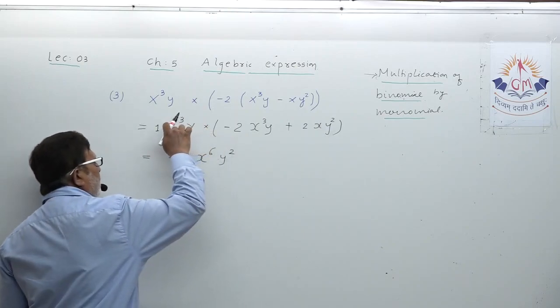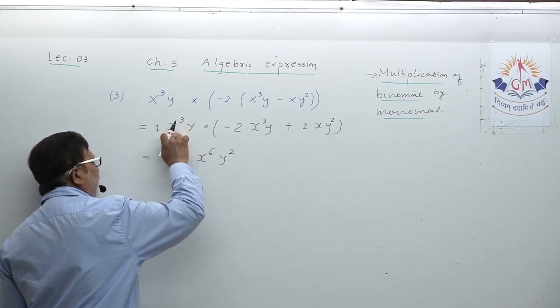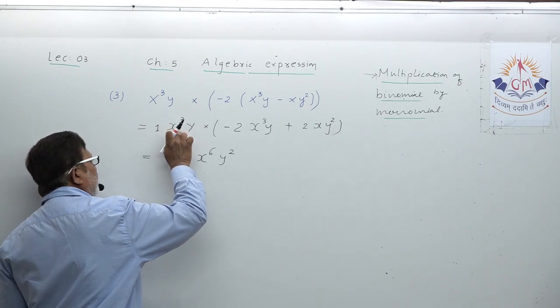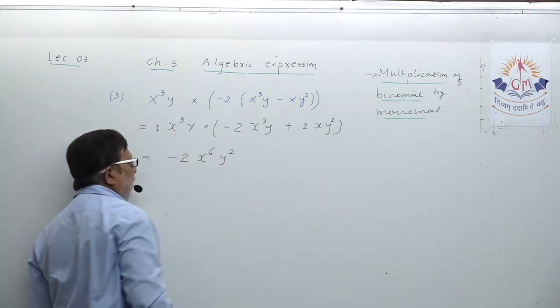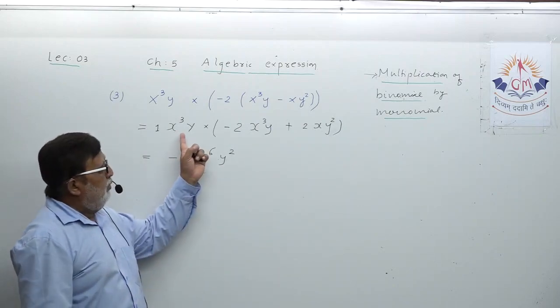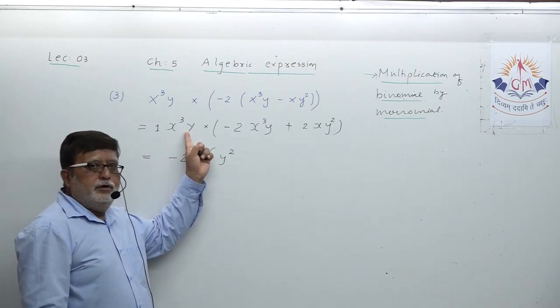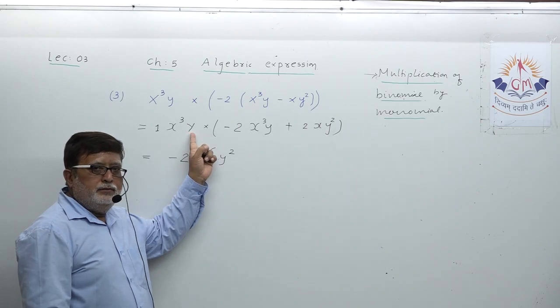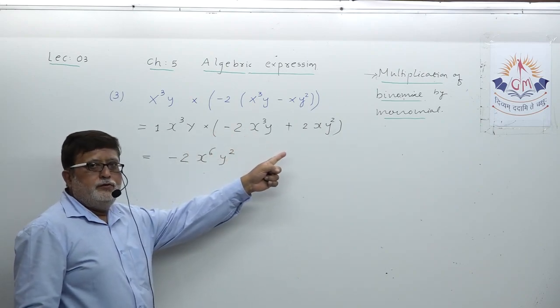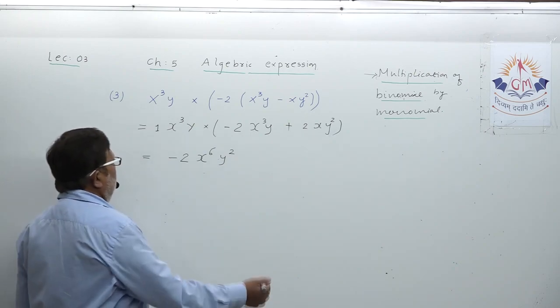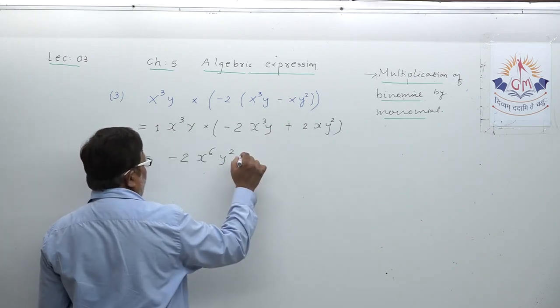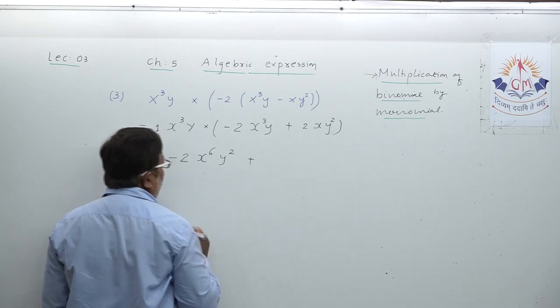Okay. First I multiplied this monomial with this. Now my target is to multiply this monomial with the second term, that is 2x square y. Let us be conscious, plus plus plus, as you all know.